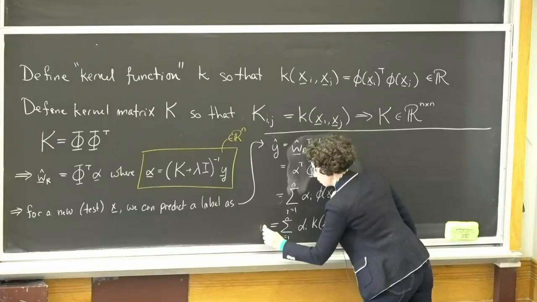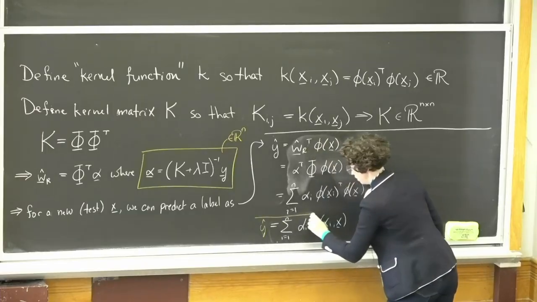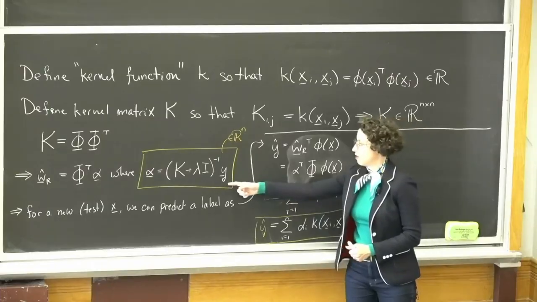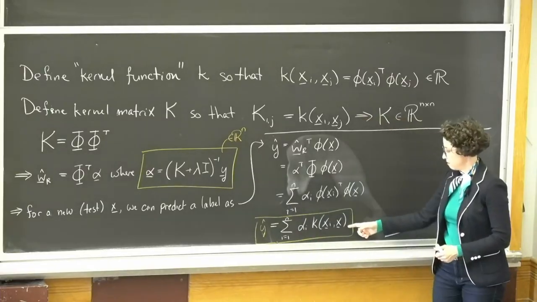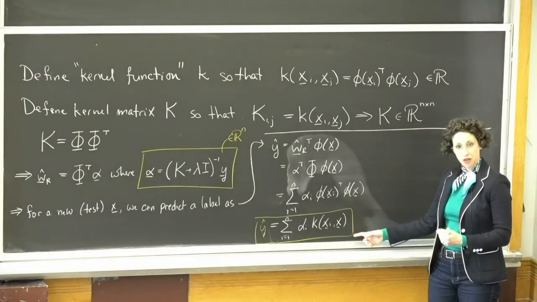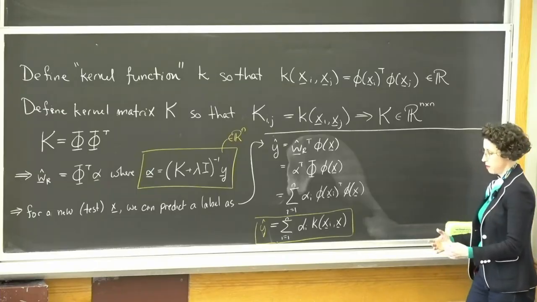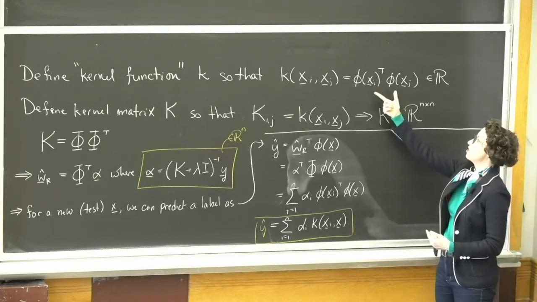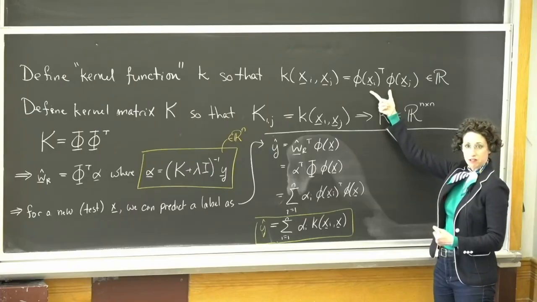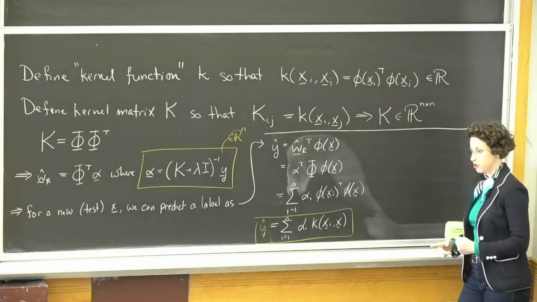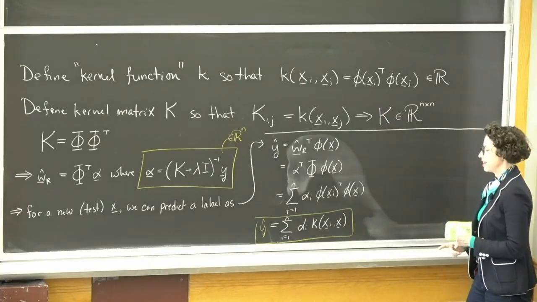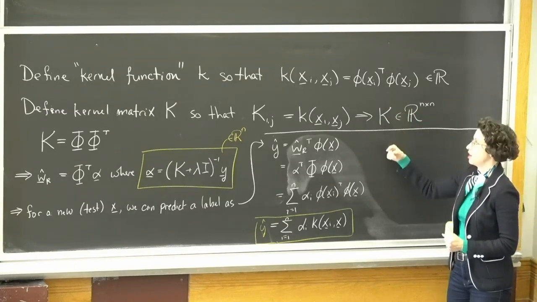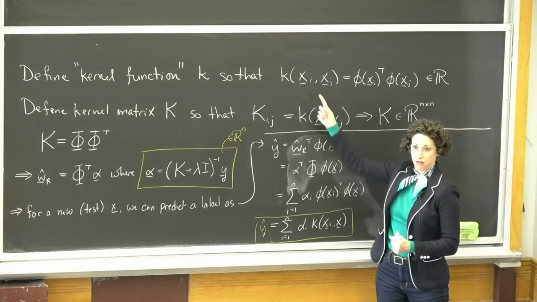So I've got this two-step procedure here, where first I'm computing this alpha vector, and second I'm making predictions. And both of them I'm computing only using my kernel function. The kernel function is equivalent to this inner product in phi space, but what I'm going to show you very soon is that I never actually have to do any direct computations in phi space. I can just do everything using this kernel function.